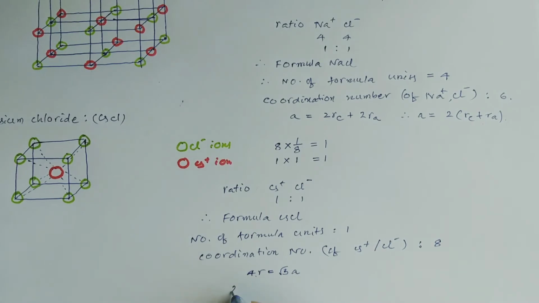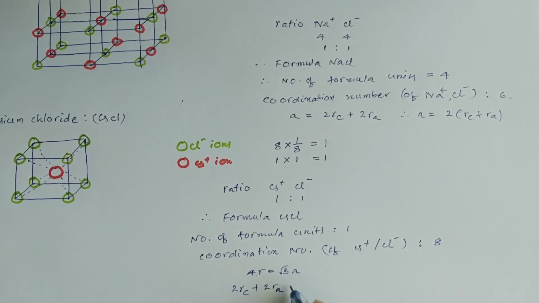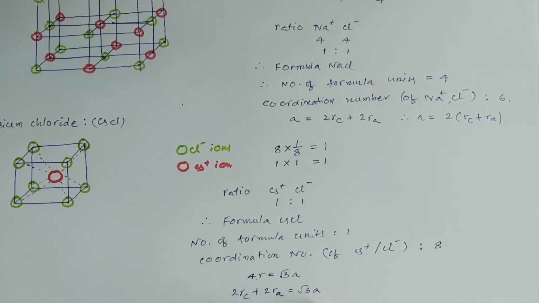So we can write it as 2Rc plus 2Ra. Radius of cation, radius of anion. 2Rc plus 2Ra will be equal to root 3a. So this is the relationship between radius of cation and anion and edge length, right? So this is about the structure of cesium chloride.